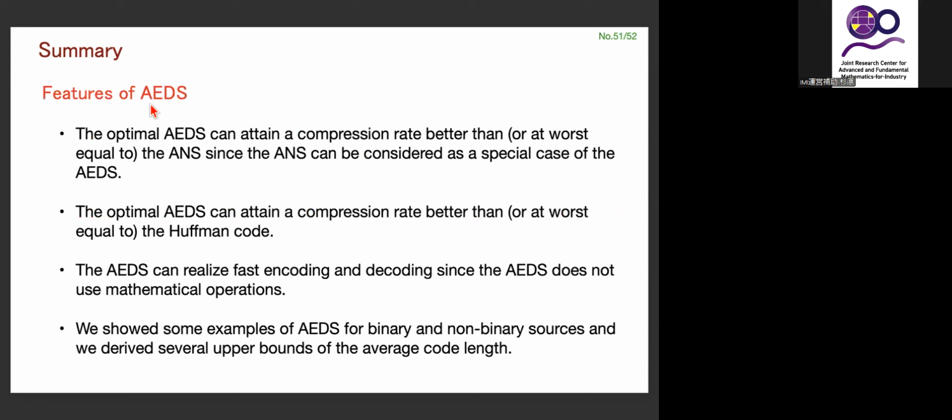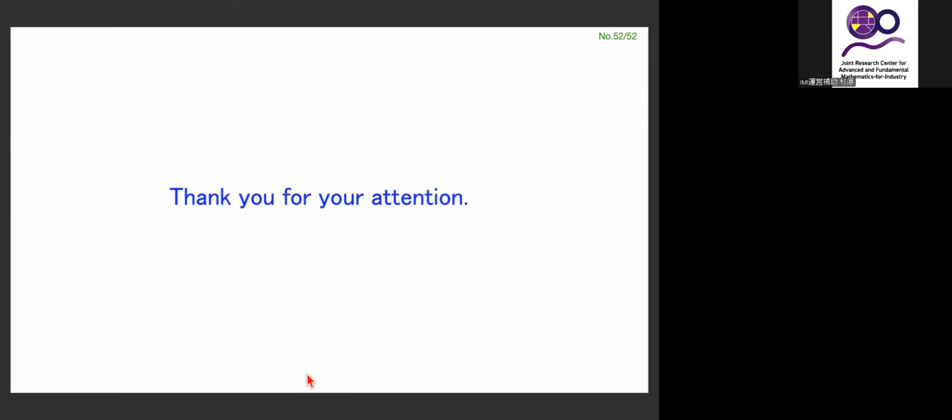Especially in the case of AEDS, optimal AEDS can attain better than or at worst equal to the ANS and the Huffman code. And the AEDS can realize fast encoding and decoding, since AEDS does not use any mathematical operations in encoding and decoding. And we showed some examples of AEDS for binary and non-binary sources, and we derived several upper bounds of the average code length. That's all. Thank you for your attention.